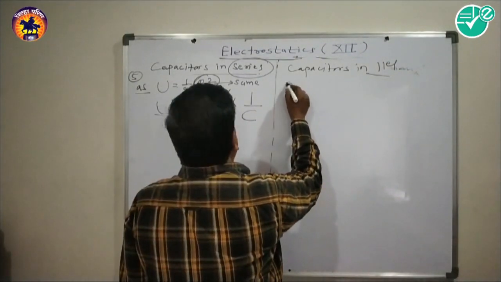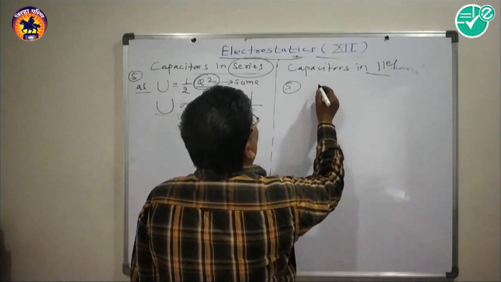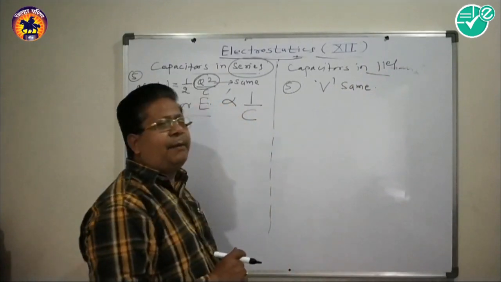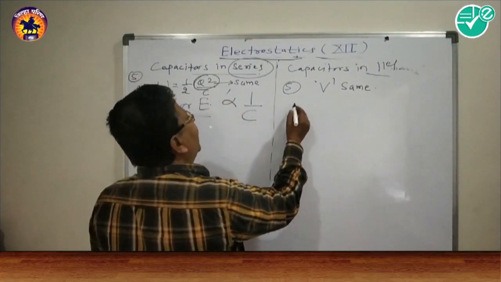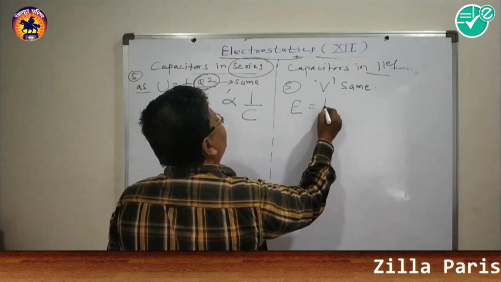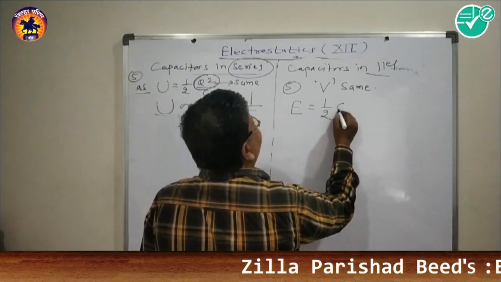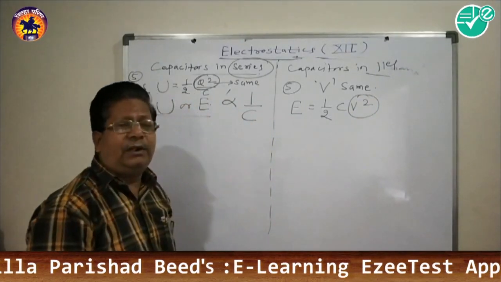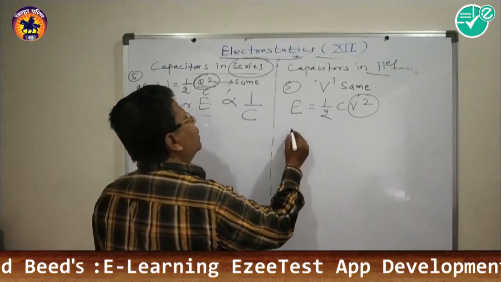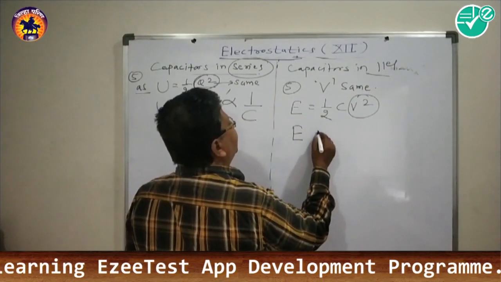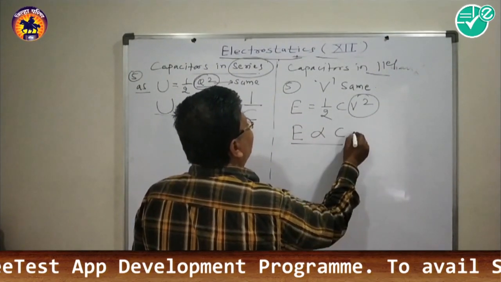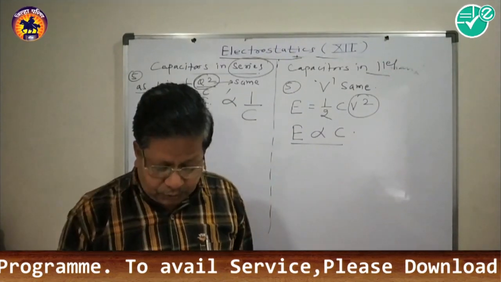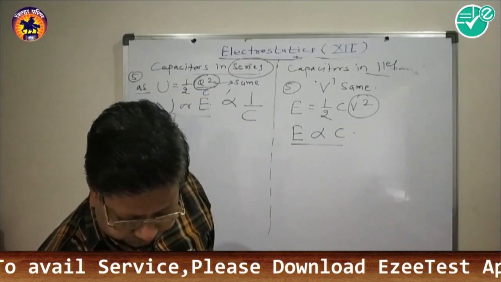And in case of parallel combination, we know that potential difference is same for every capacitor. Again we know that expression for electric energy is equal to half CV square, but in parallel combination potential difference is the same, and therefore energy stored by the capacitor is directly proportional to C, that is capacity of a capacitor.